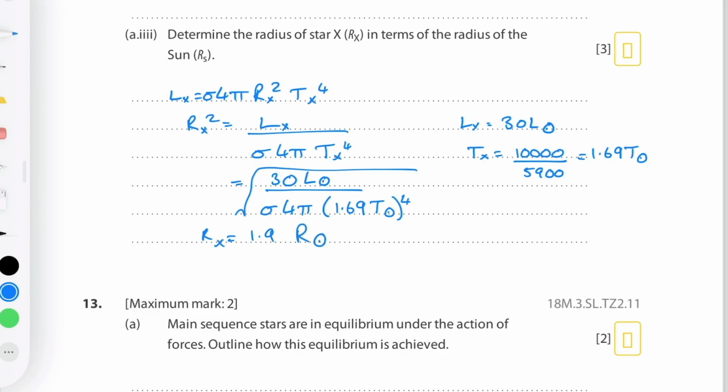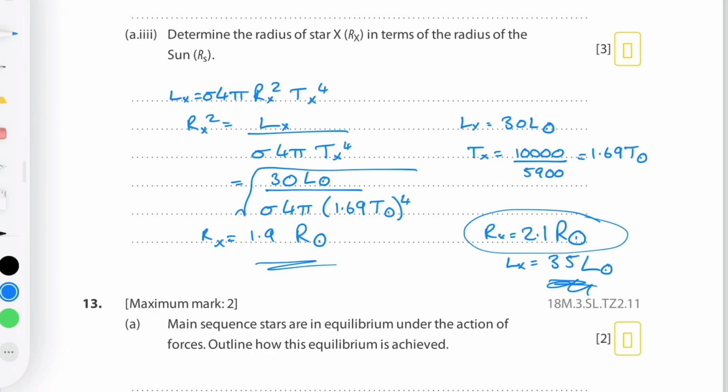Now the answer scheme says that Rx is equal to 2.1 times the radius of the sun, and that's because they've taken the luminosity of X from the HR diagram to be 35 LS, but there's a scope of plus or minus 5 in there. So this answer is correct, and this answer is correct.